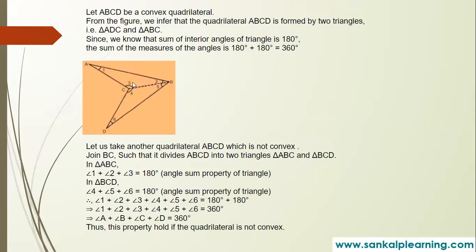Just write 1 plus 2 plus 3 is equal to 180. 4 plus 5 plus 6 is equal to 180. So the sum of all the angles is 360 degree.